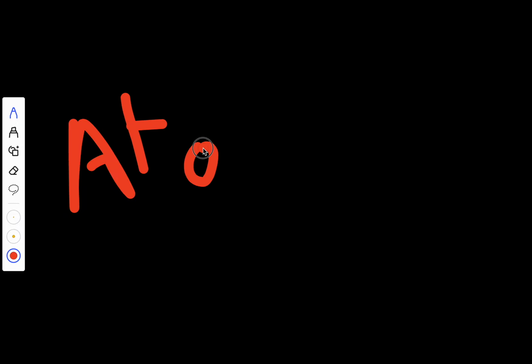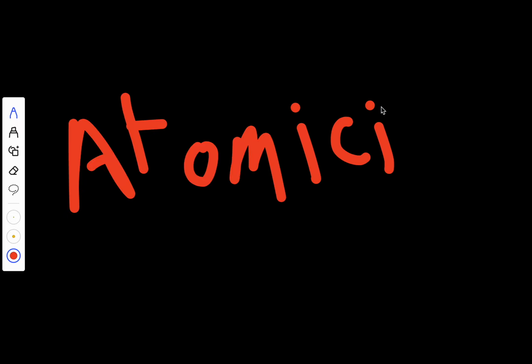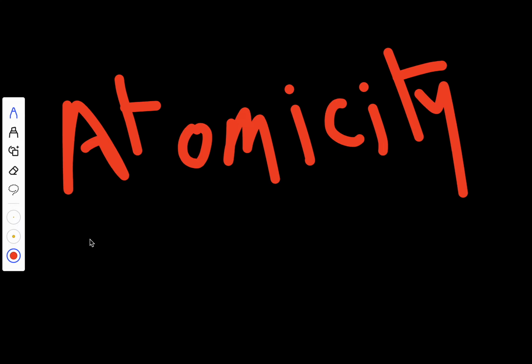We can start first with atomicity. Atomicity means that all parts of a transaction succeed or none at all. It's as easy as that. And I will create a video that talks about ACID properties in detail.